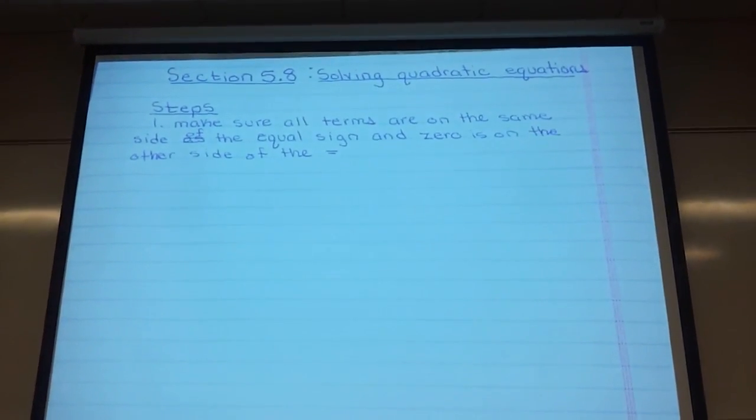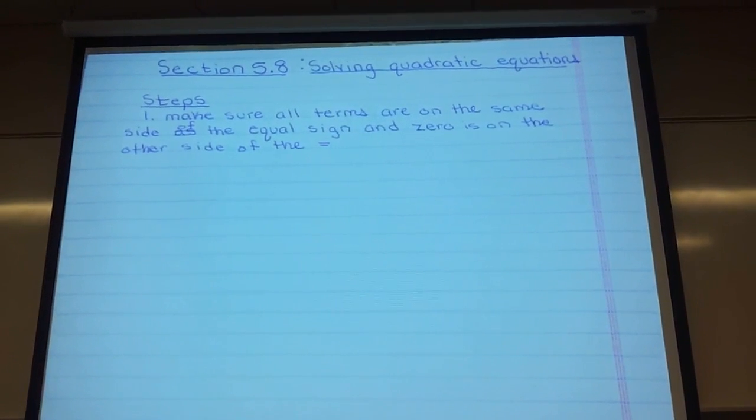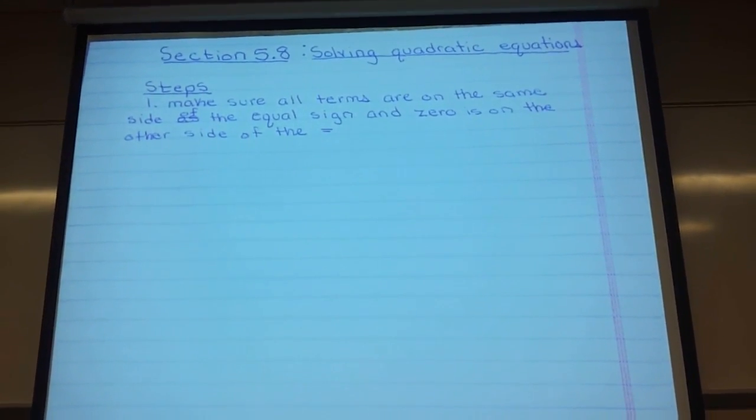Make sure all your terms are on one side. They can all be on the left side or the right side of the equals, but they all have to be together.